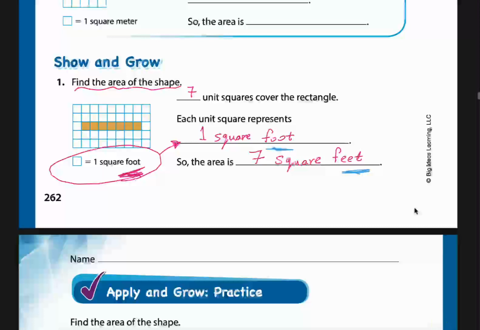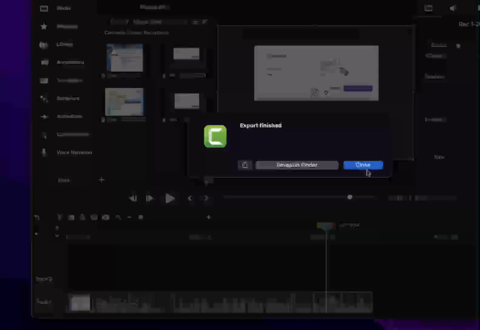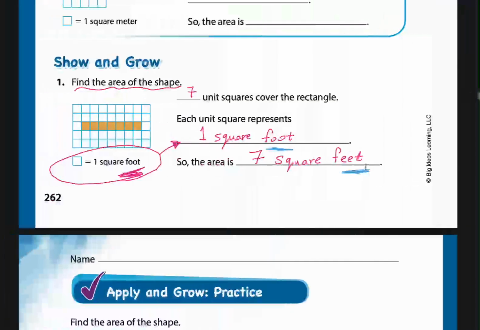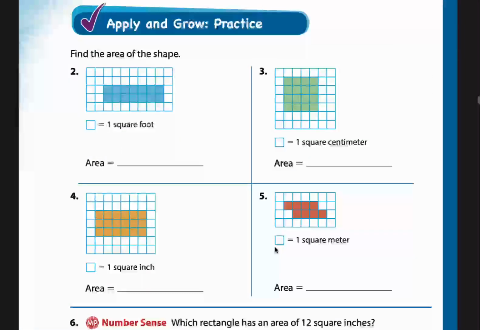Is there anyone writing? Yes, teacher. Okay, my hero, quickly. I finished now. So let's move to the next page. I'm waiting for everyone to finish quickly, my heroes. 2, 3, 4, and 5.